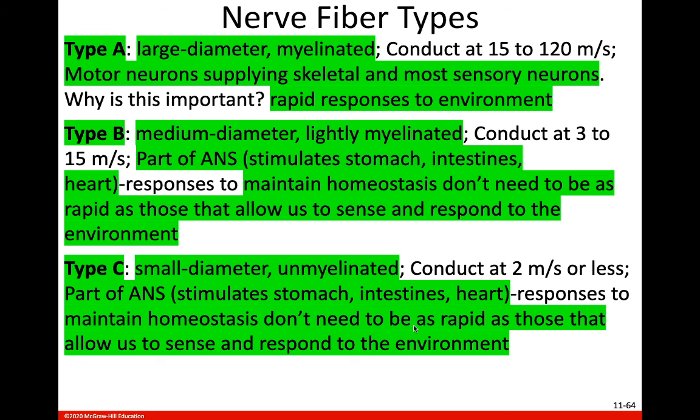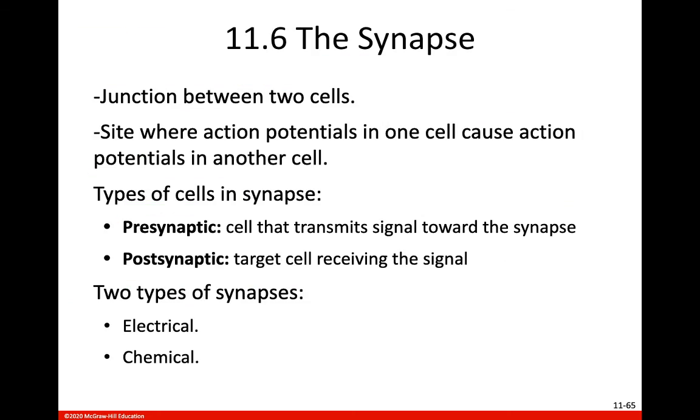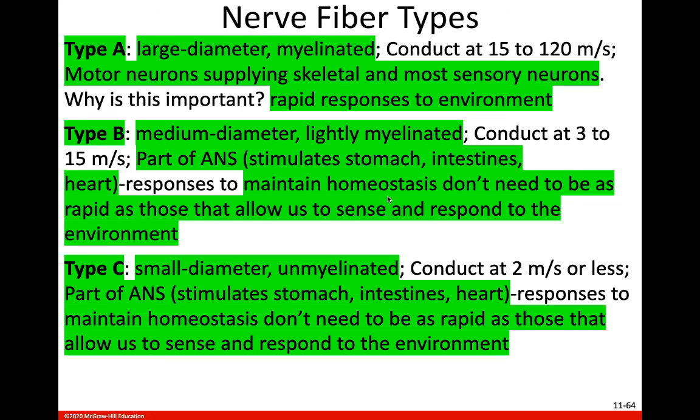Again, both of these are going to be the axons, the neurons, the nerves that stimulate our internal organs, our heart, our intestines, our bladder, things like that. Because it's okay for those responses to be a little bit slower, because we're just maintaining homeostasis there, and it doesn't control how badly we're going to be injured or whether we're going to live or die. Okay, I hope that makes sense.